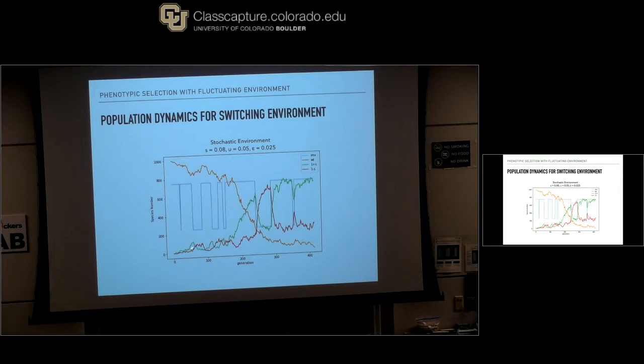We see some switching going to the good mutant, and that starts to increase, but the deleterious mutant also starts to follow. Like Michael just said, it seems the best strategy is to have both phenotypes around, because if you put all your eggs in one basket, you're going to go extinct as soon as the environment switches.